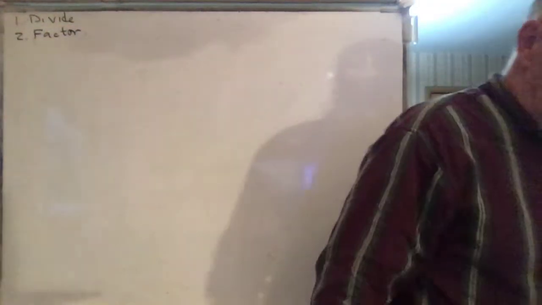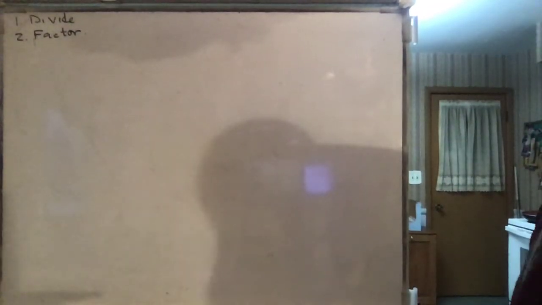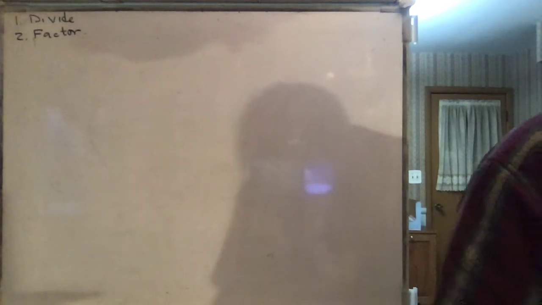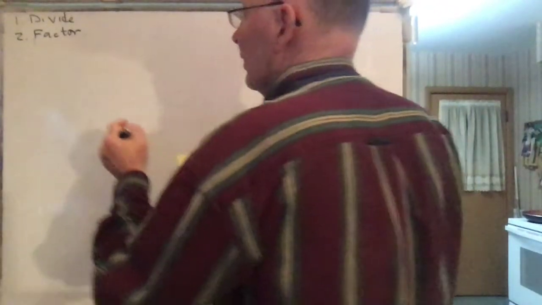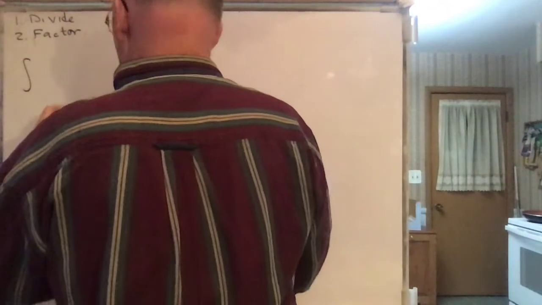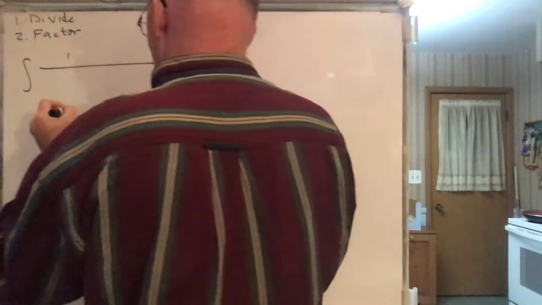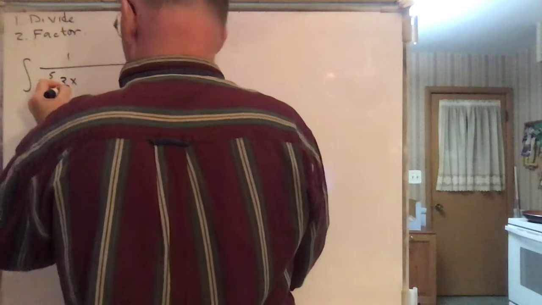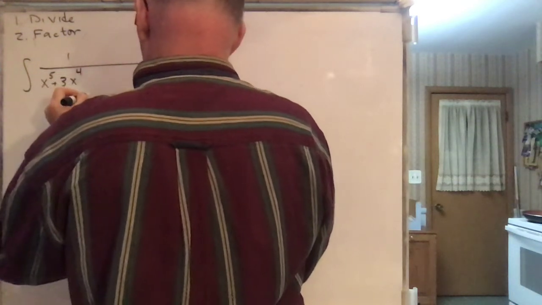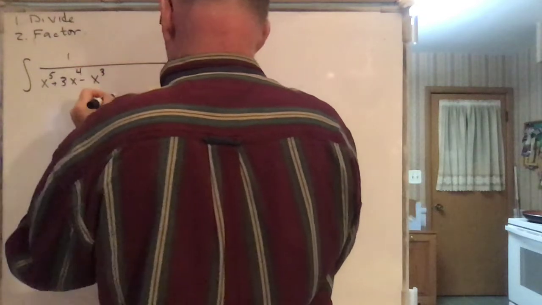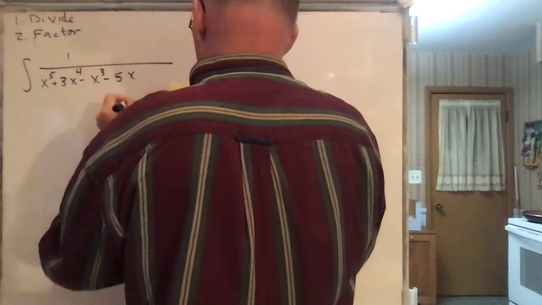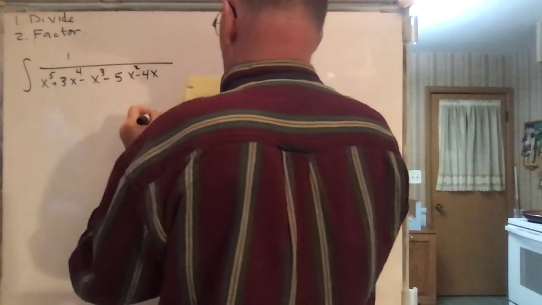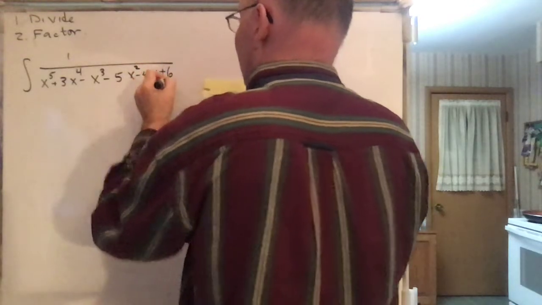Okay, now again, this requires quite a bit of algebra. Suppose, for example, that I were to give you this one right here. x to the 5th plus 3x to the 4th minus x cubed minus 5x squared minus 4x plus 6.